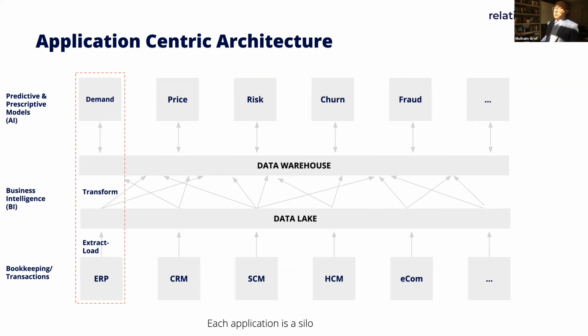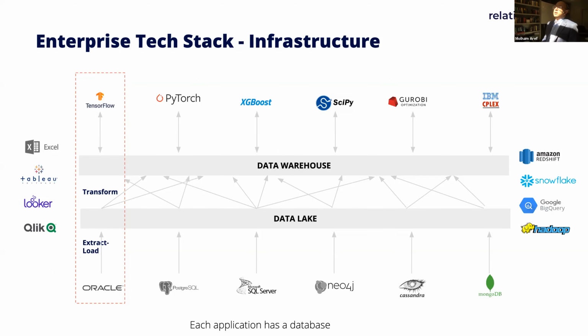Each is a silo, each built with its own technology, each is backed by its own database with its own database schema, even though it's basically an application that's being used in an enterprise that has a relatively small number of concepts that you have to understand in order to work in that enterprise.